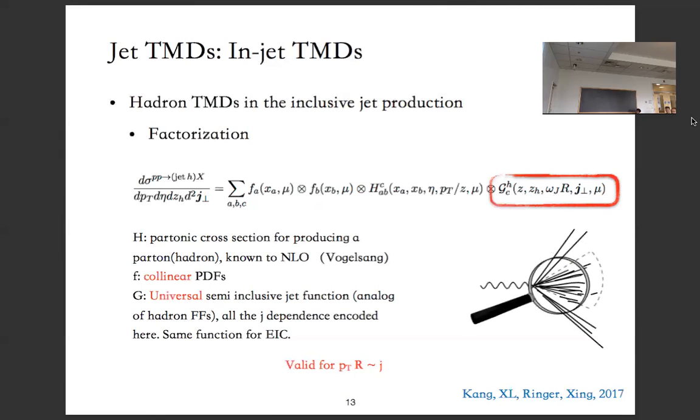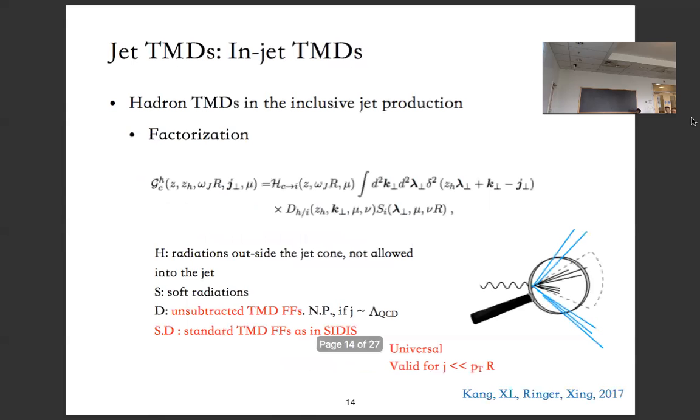Now, actually, because we have some constraint on this j, which we demand is much less than pT R, the radiation inside the jet has been constrained. So inside the jet, we only allow the soft radiation and the collinear radiations with the virtuality of this jet. So we can further refactorize this semi-inclusive jet function into a hard collinear function, which describes all the collinear radiations on the boundary of the jet, but not allowed into the jet because the virtuality is too large.